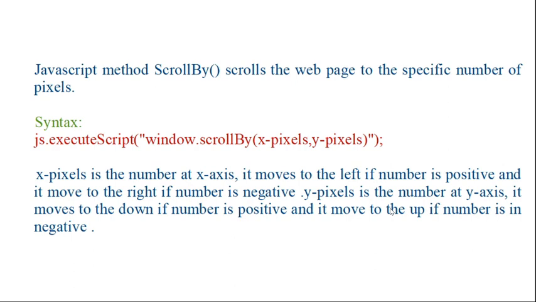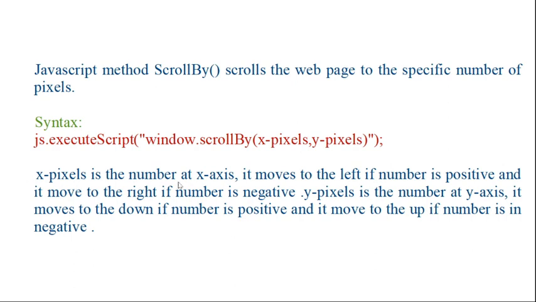So next will be the scroll by method. There is another method in JavaScript executor, that is the scroll by method. With the help of this we can scroll the web page to the exact pixel. If we know the pixel, we can scroll to that exact pixel. If you can see the syntax here, js.execute script window.scroll by, and we can pass the x pixel and the y pixel here.